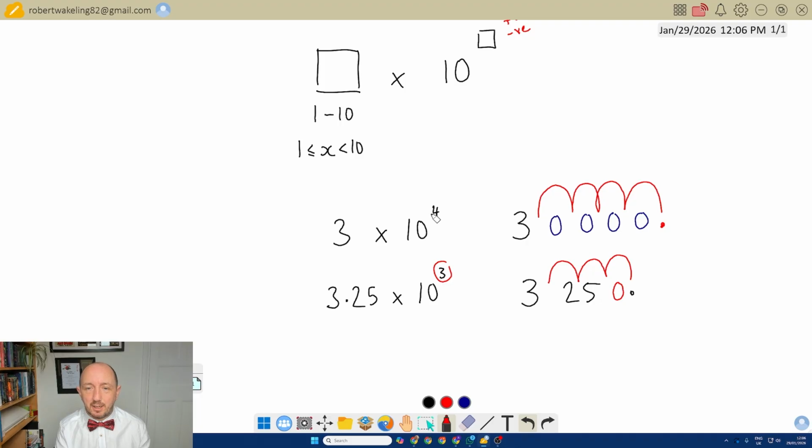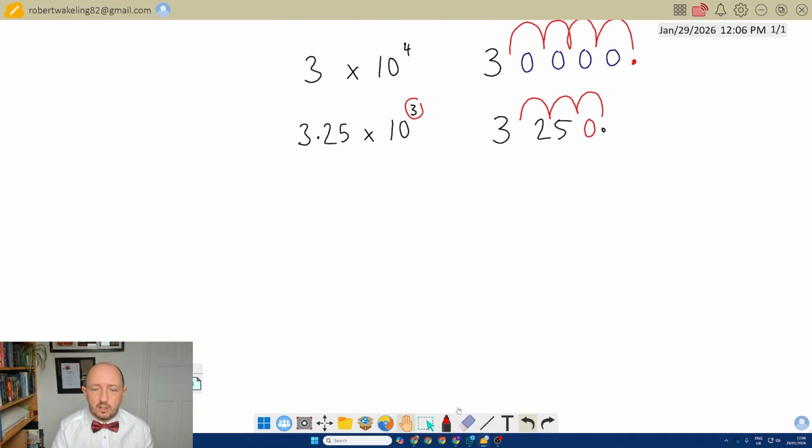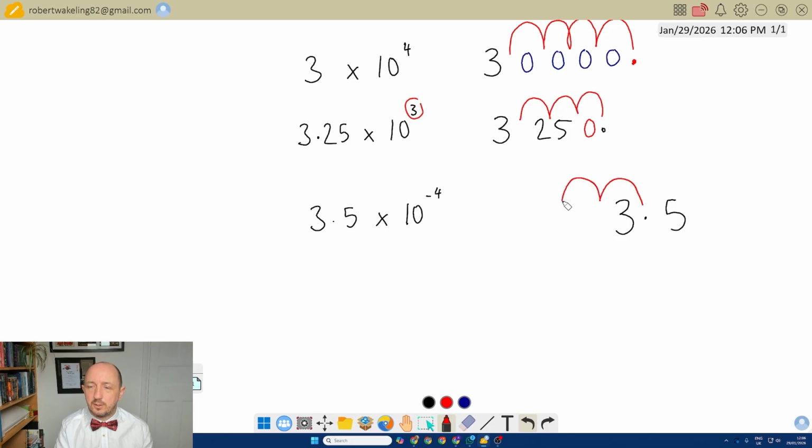And if it's a minus, we just go the other way. We just go to the left. So if we had 3.5 times 10 to the minus 4, we write 3.5 and then we're going to move to the left. So 1, 2, 3, 4. The decimal point is now here.